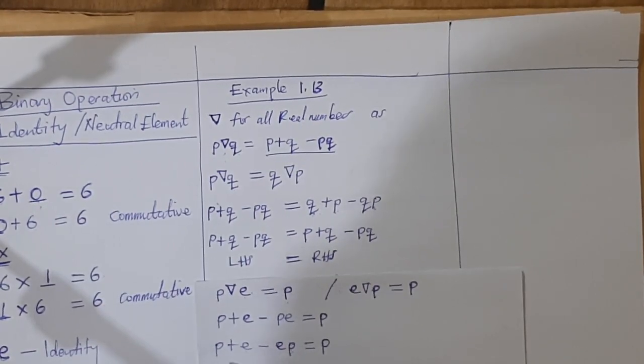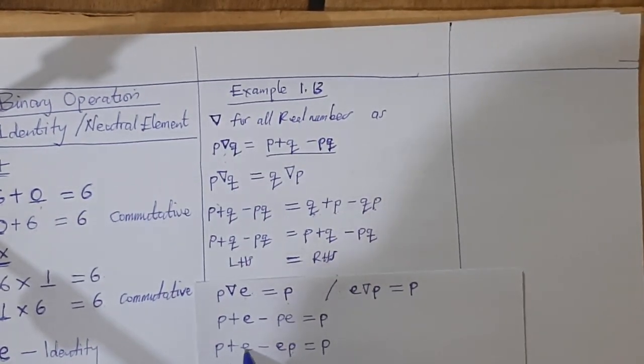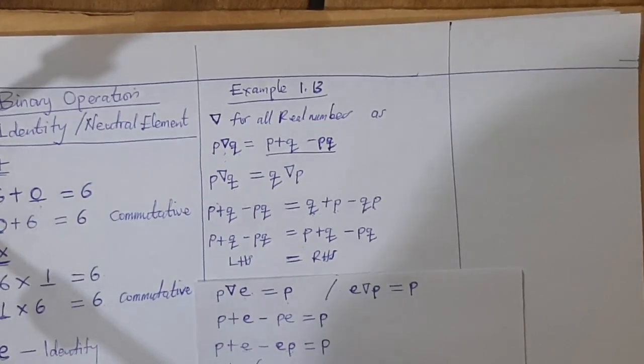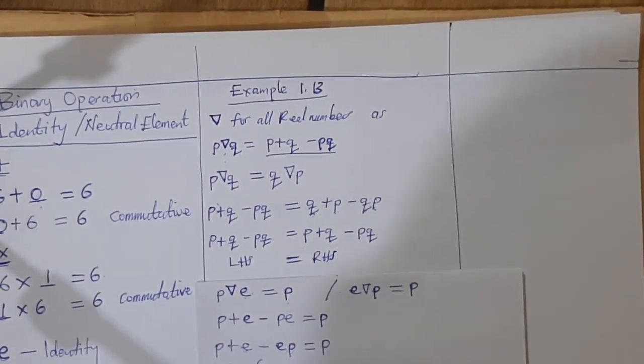I think we can factorize E here, so E will come out, in brackets. What number will I multiply by E to get E? I need a number here that when I multiply by E, I will get E, and that number is 1. And I bring the negative sign.